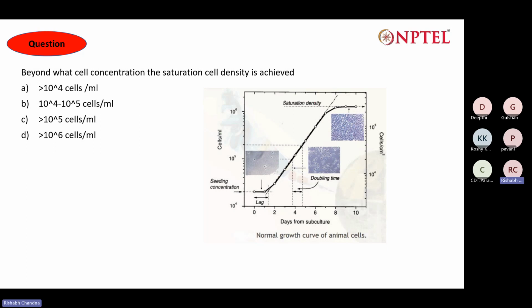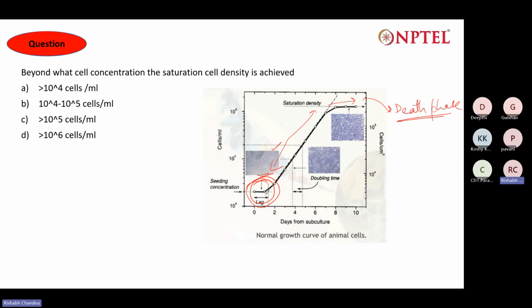So when we study this particular type of growth curve, this is a typical growth curve of an animal cell in culture. Okay, so like every other bacterial cell we study, there is a lag phase, then there is a log phase. Okay, and this is the saturation phase. And after some time, it will be the death phase. Okay, so in the lag phase, there is a very minimal amount of cells, as you can see in the image also.